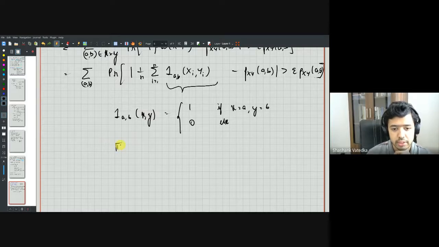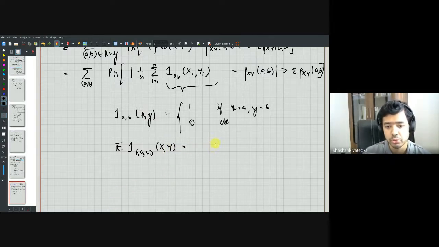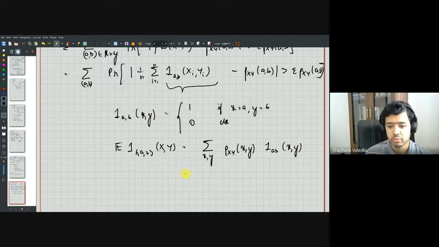So what would be the expectation of indicator_{a,b}(x, y), where (x, y) is drawn according to the joint distribution P_XY? What is the formula for expectation? Sum over all x, y of P_XY(x, y) times the indicator function_{a,b}(x, y). So what is this equal to?